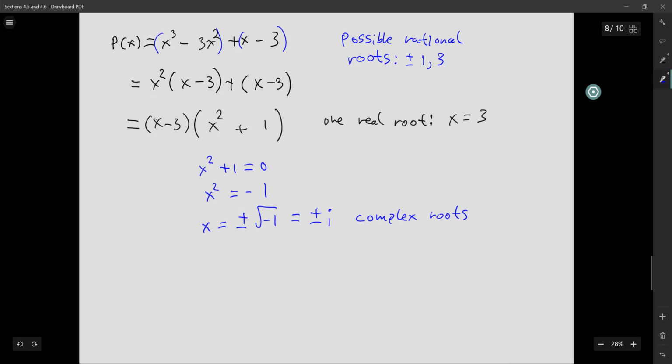If I wanted to write it in terms of factors, I'd be looking at x minus 3 times x minus i and x plus i. But that's not a super good looking factored form. In general though, we may have more complicated issues, so we'll do another example.